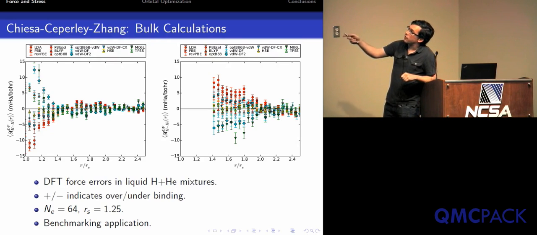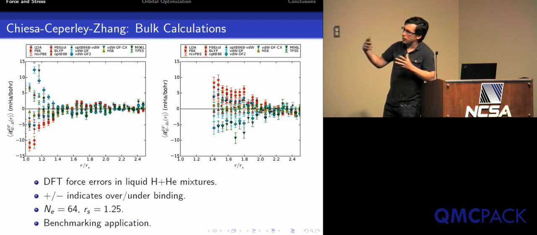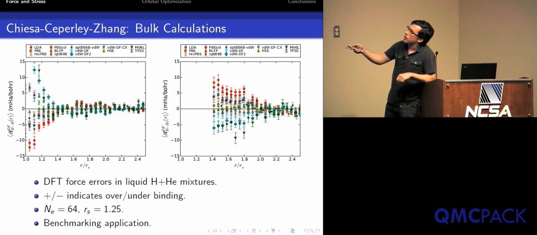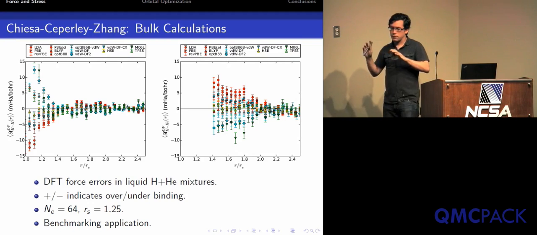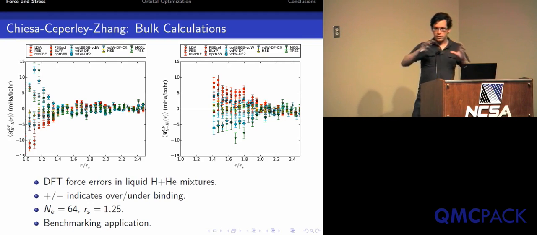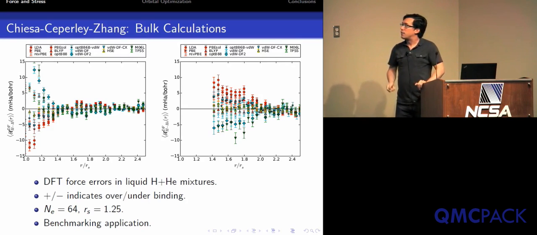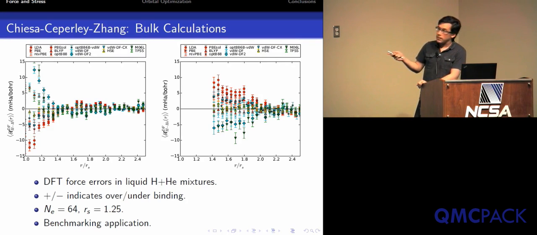These are a ton of different functionals, but you'll notice that some, like van der Waals DF2, overbind extremely heavily in a small region near the hydrogen atoms, whereas others like LDA and PBE significantly underbind. That's nice, but it also allows us to tell which functionals are giving us a reasonable description of the charge density.